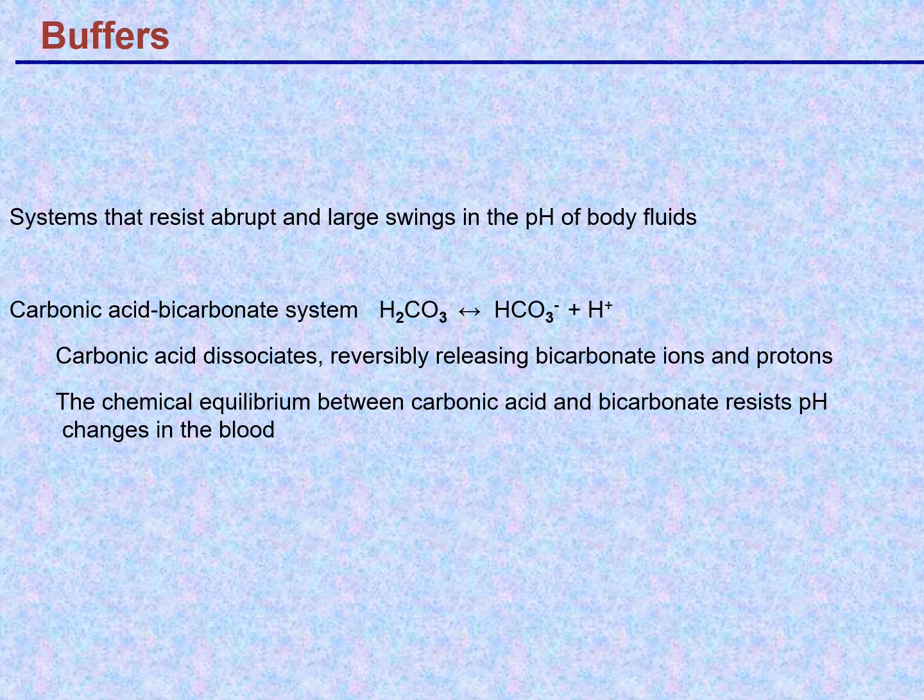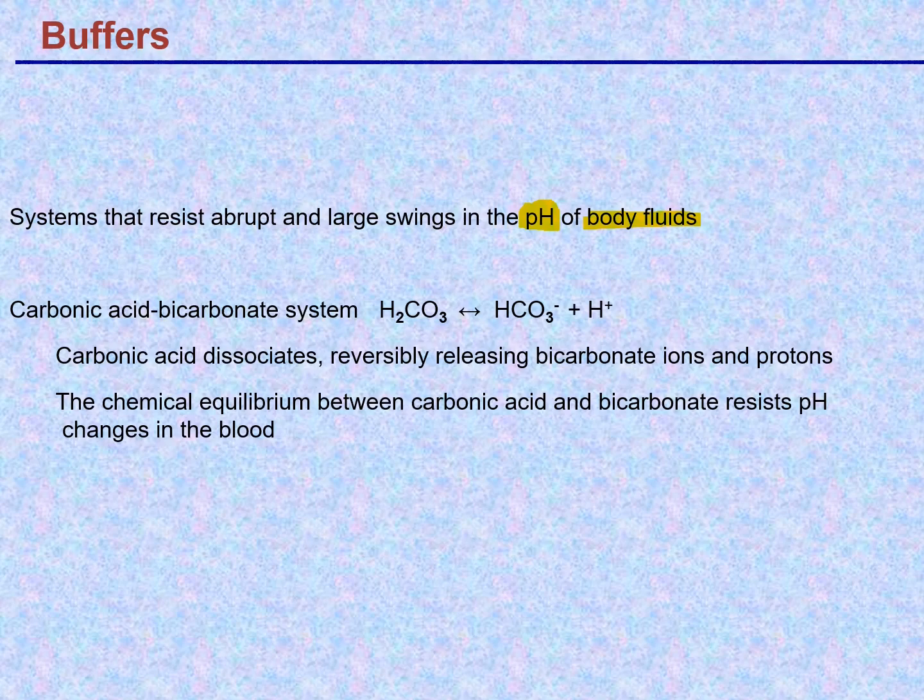Buffers act to prevent large changes in pH, and buffers are extremely important in different body fluids. This is the main buffering system, not the only buffering system, and you will learn a lot about buffering systems next semester when you do renal physiology, but we will do this somewhat this semester when we do respiration and blood.